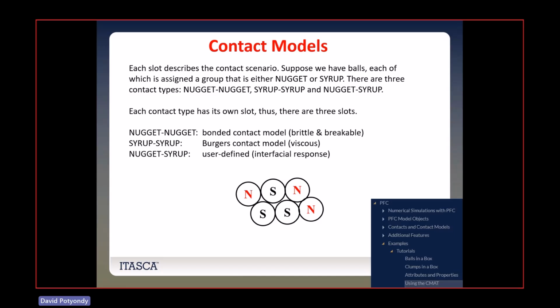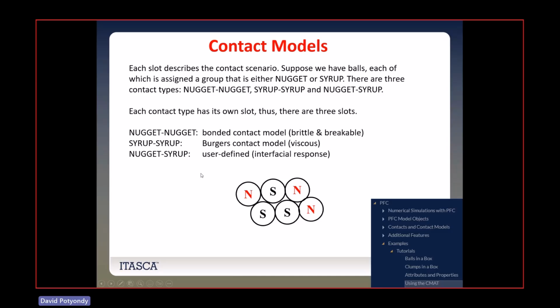And this is just giving another example. If I was trying to model some crazy thing like syrup that had these big nuggets in it, what do I do? If the two nuggets push each other, I might make them bonded and make it brittle. But the syrup, you could say, that's going to be a viscous contact model. And then you could say at the interface between the two, you have a different model, right?